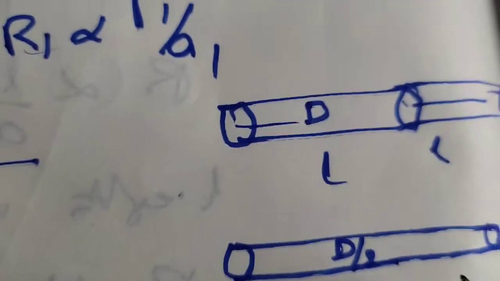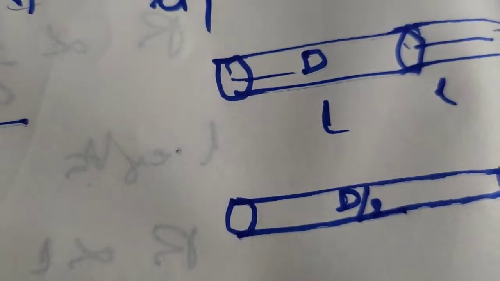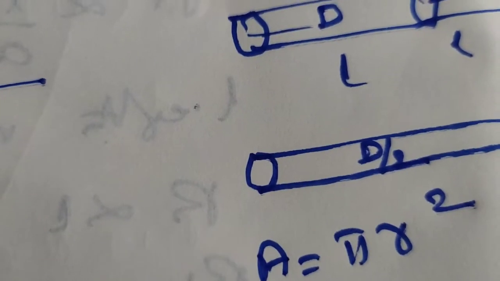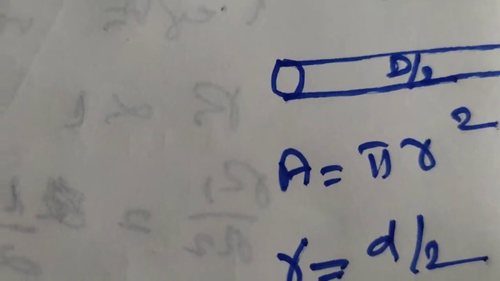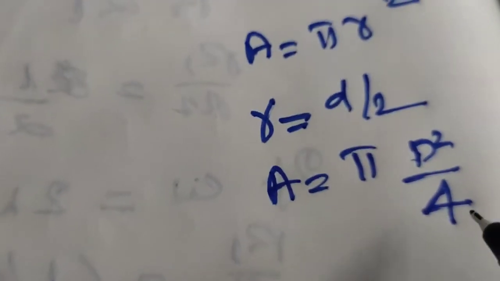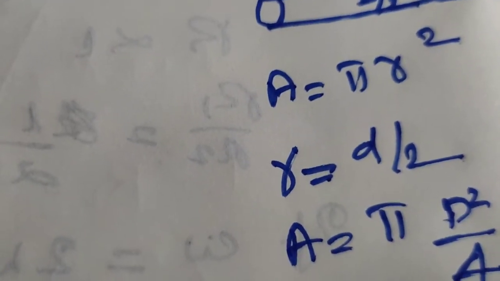The area is given by pi r squared, where r is the radius, equal to D by 2. So the area is equal to pi (D by 2) squared, that is pi D squared by 4.